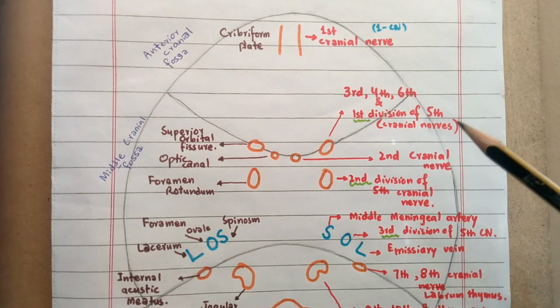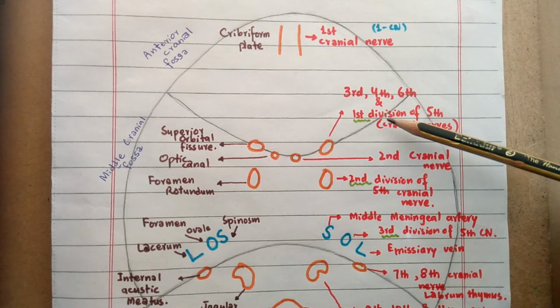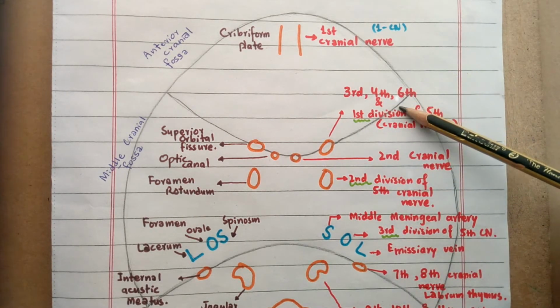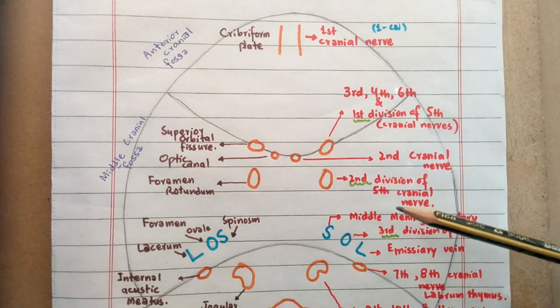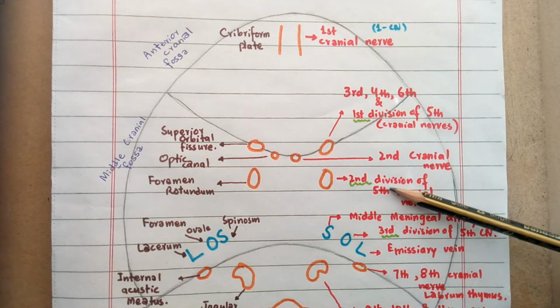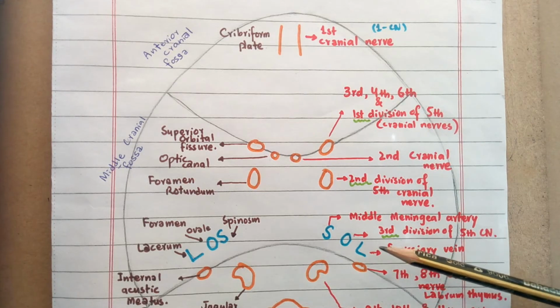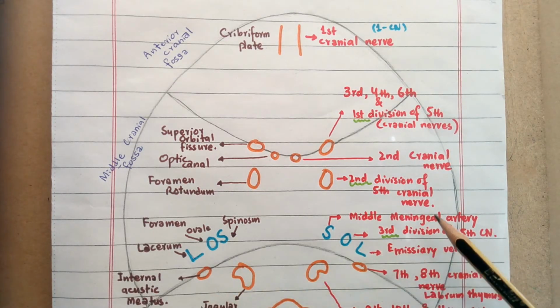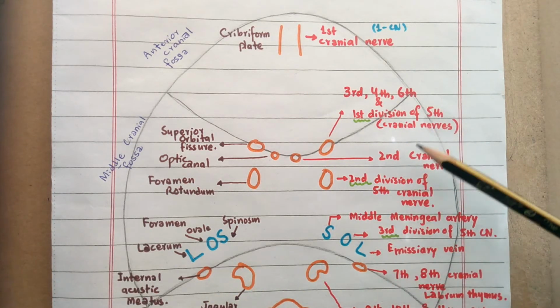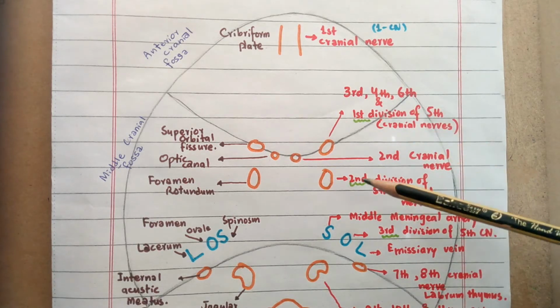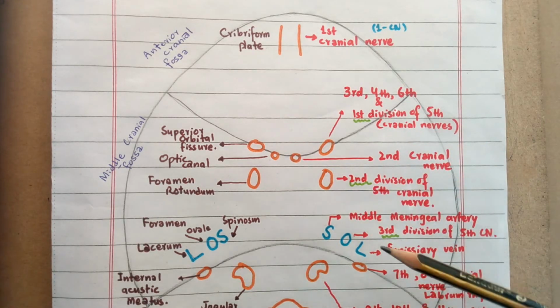So the fifth cranial nerve has three divisions: the first passes from the superior orbital fissure, the second from the foramen rotundum, and the third from the foramen ovale. These three divisions pass out from the foramina present in the middle cranial fossa.